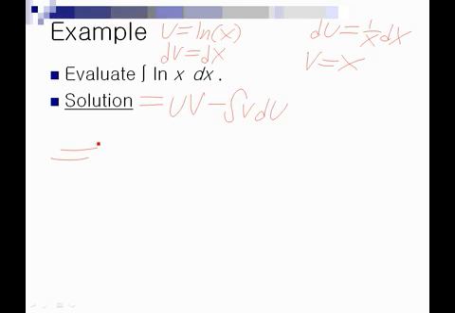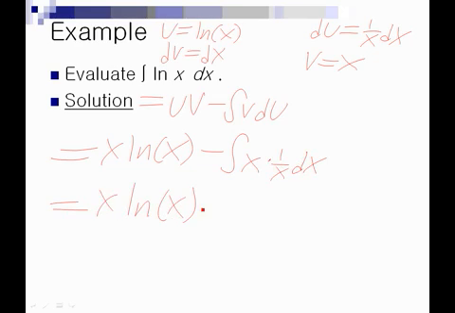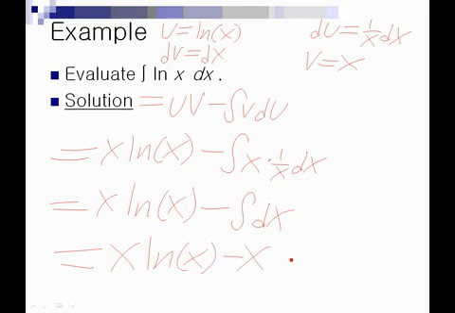Well, our v is x, our u is natural logarithm of x, so that's x natural logarithm of x minus, v was x, du was 1 over x dx, so in simplest form, the integral of dx. Well, we get x natural logarithm of x minus x plus some arbitrary constant. As simple as that.